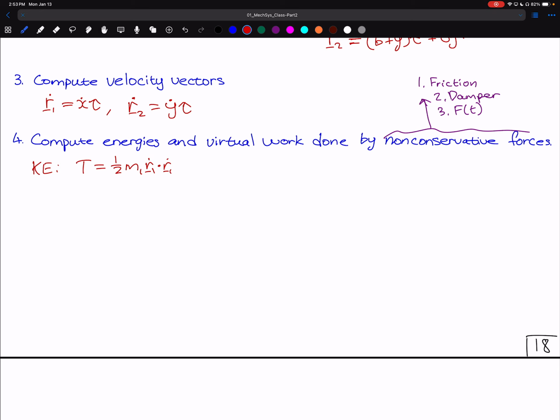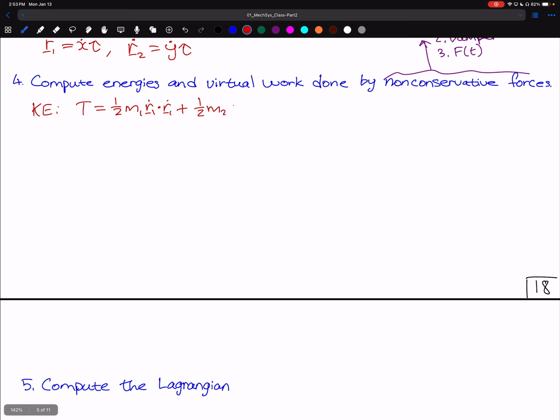That's the vector form of kinetic energy, plus 1/2 M2 r dot 2 dotted with itself. And then this ends up being equal to 1/2 M1 x dot squared plus 1/2 M2 y dot squared. So it's your standard kinetic energy for an oscillating mass.